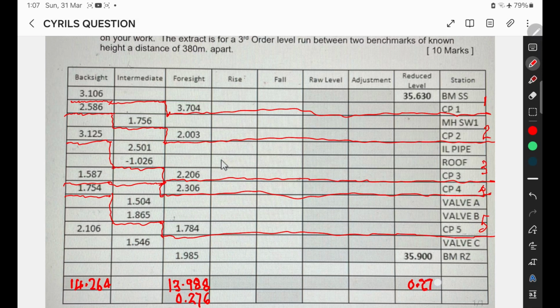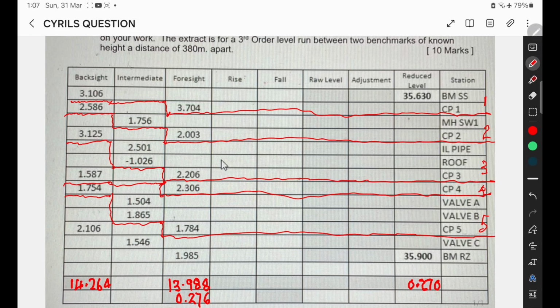These are existing heights, so they will stay the same: 0.270, 0.276. So it looks like we've got a 6mm misclose.